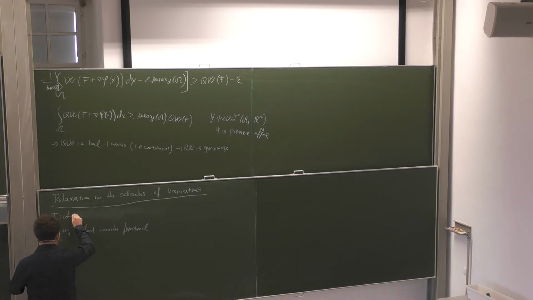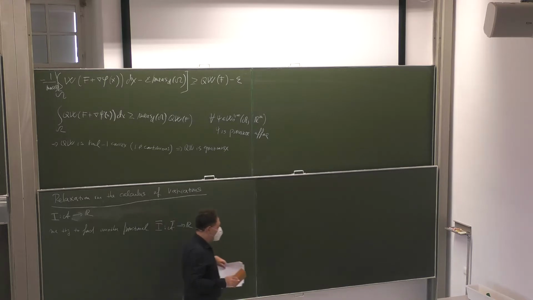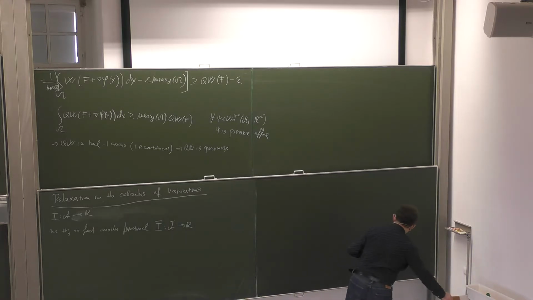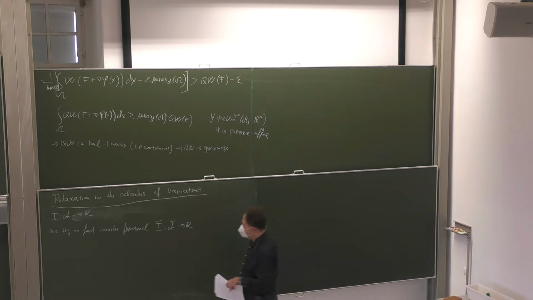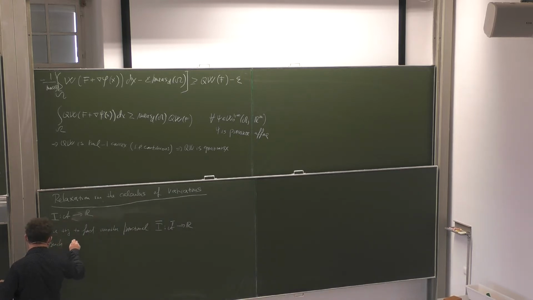We try to find another functional I bar, which goes from A bar to R, such that the following conditions are satisfied.